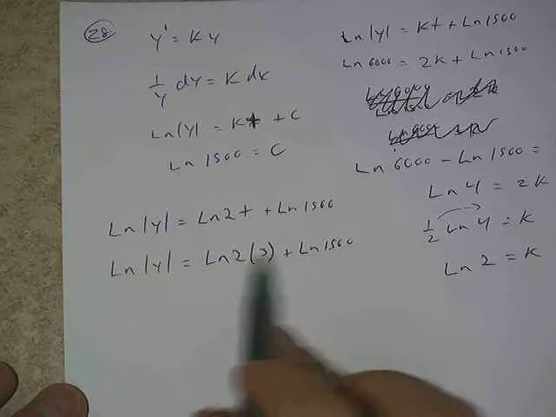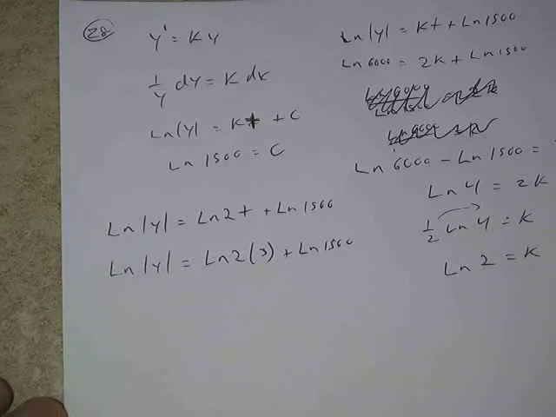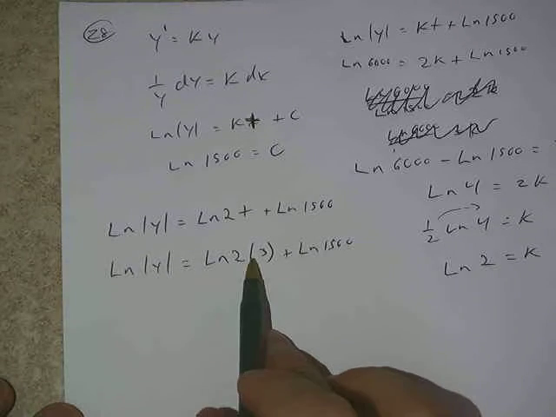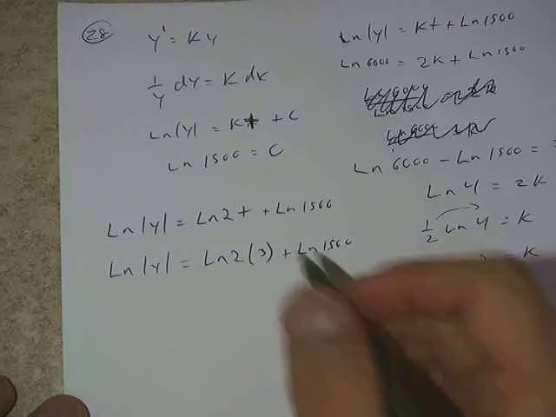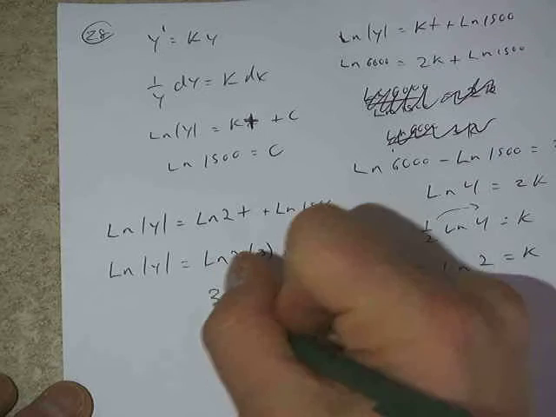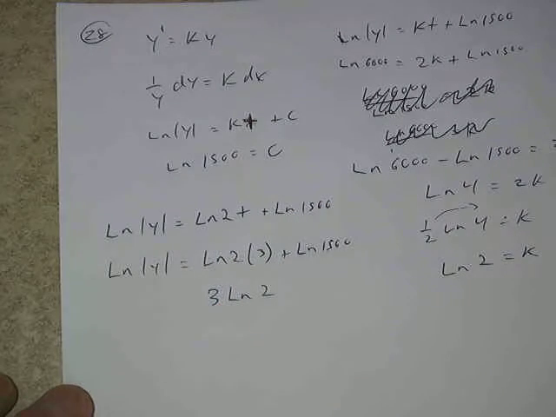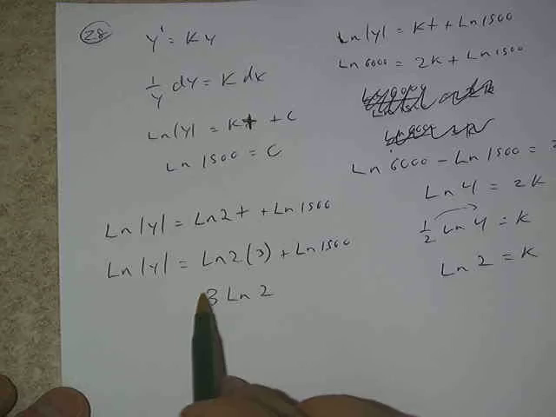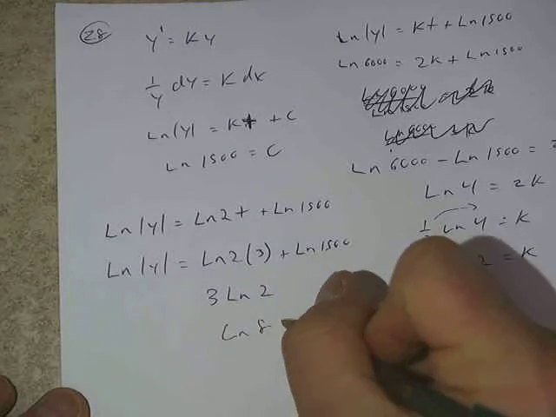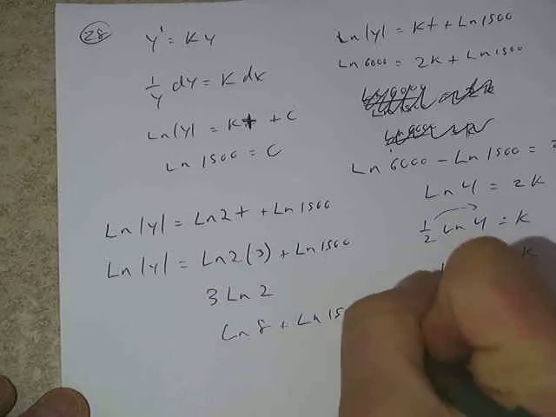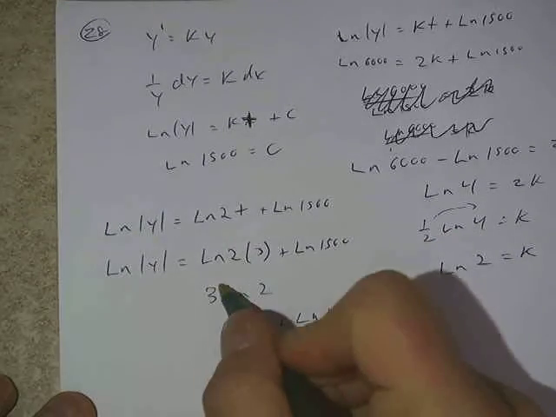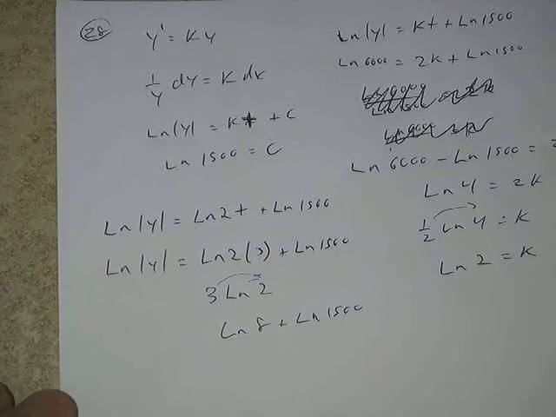So keeping in mind, here's where you have to be a little bit careful with our algebra. Don't multiply the 2 and the 3 together because the 2 is part of the ln argument. So we'd actually have ln 8 plus ln 1500, because we'd take that 3 and put it up top.